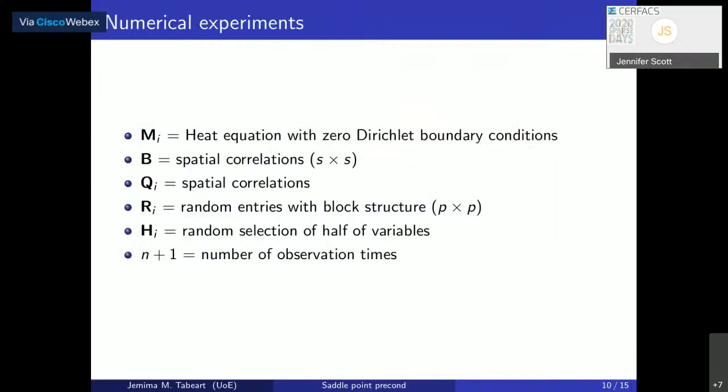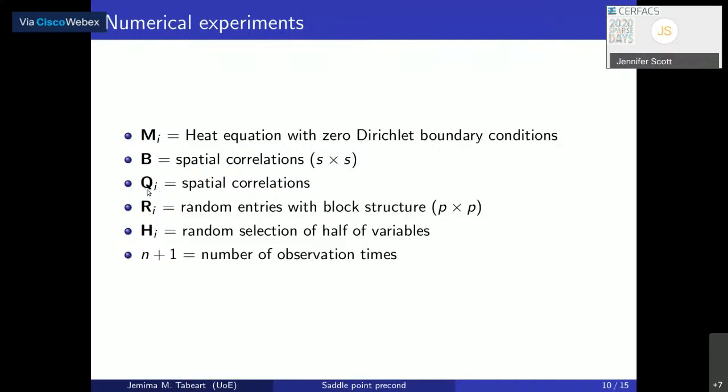Okay, so to illustrate this in a more concrete way, I've got some quite straightforward experiments. So here my model is going to be the same every time step. It's the heat equation with 0 Dirichlet boundary conditions. So this satisfies all my assumptions of symmetry and my bounded eigenvalues. For my other data assimilation terms, the B and the Q, which was in that 1-1 block of D, they're going to have a spatial structure.